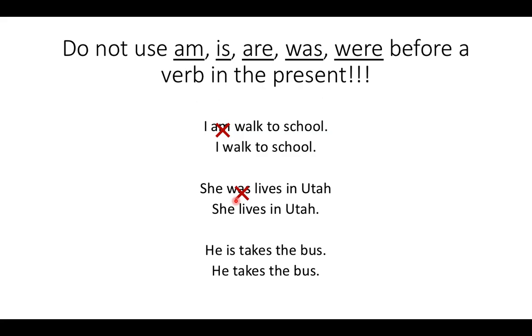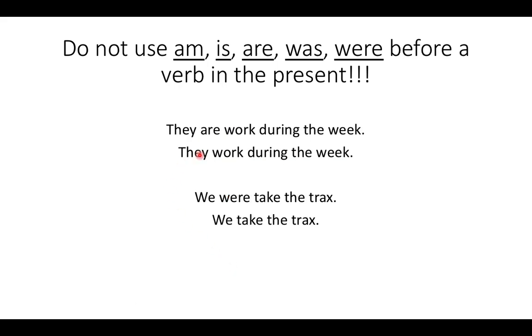We would not have was. So it's just she lives in Utah. He takes the bus. Nope, we get rid of the is. He takes the bus. You cannot put is. They are work during the week. We need to not use are here. So it would just be they work during the week.